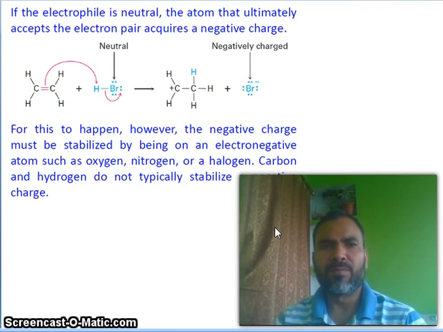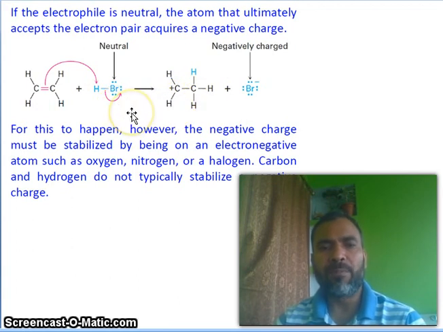If the electrophile is neutral, the atom that ultimately accepts the electron pair acquires a negative charge. This is also a rule. This is neutral and both are neutral. So this double bond approaches these protons, meanwhile this hydrogen bromine bond will break, forming bromide ion and this carbocation.